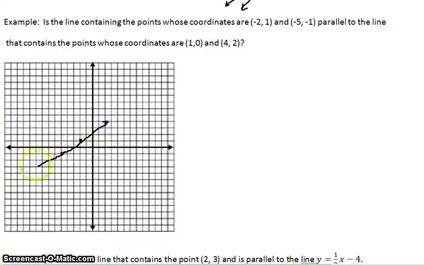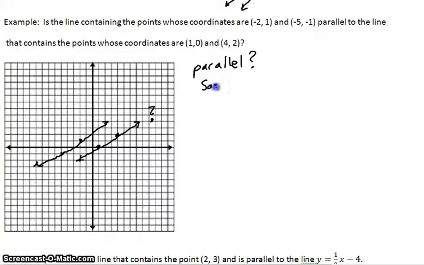And I know it's not perfect, and you don't have to draw a line for this. But we have this line, and we have 1, 0, and 4, 2. And we're trying to figure out if they look parallel. Well, they might look parallel, but we're not 100% sure, and you can't tell based on my drawings because they're not the best drawings. So the question is, are they parallel?